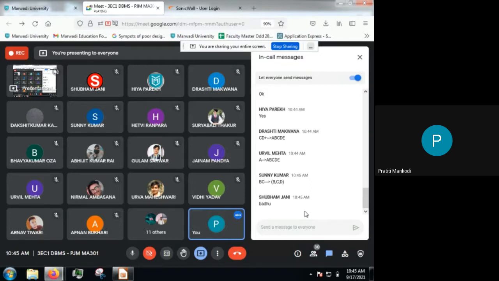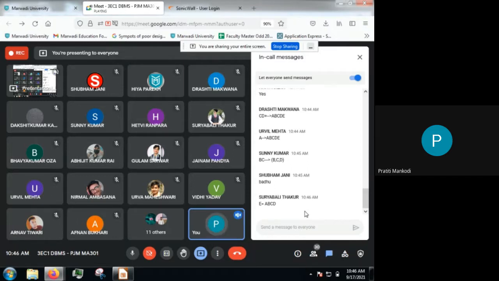A, B, C, D, E. So you are getting D. Then from D you are getting C and D. C and D giving E, and E giving A. So ultimately with BC you can find all the attributes.